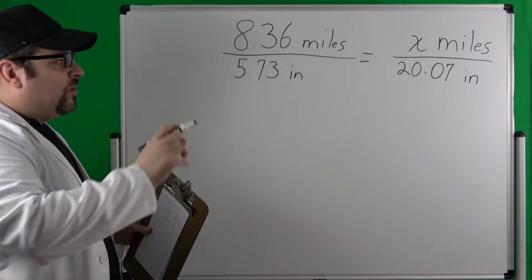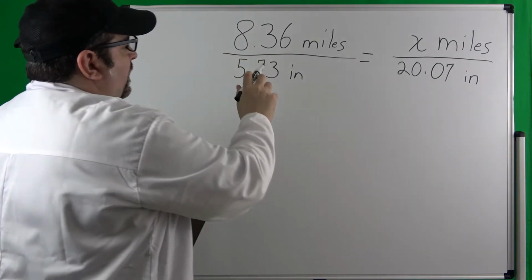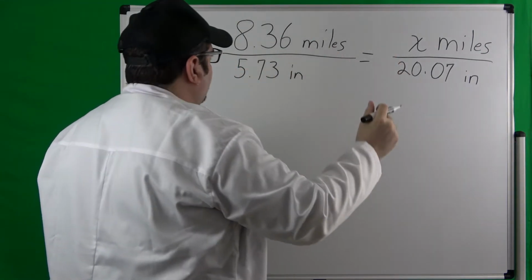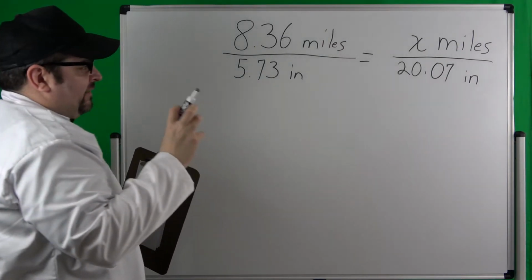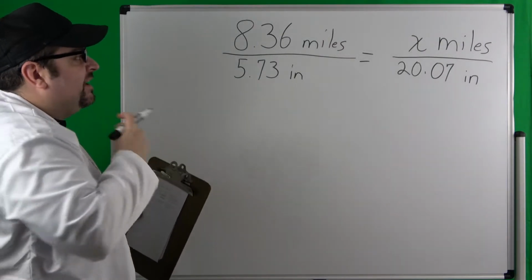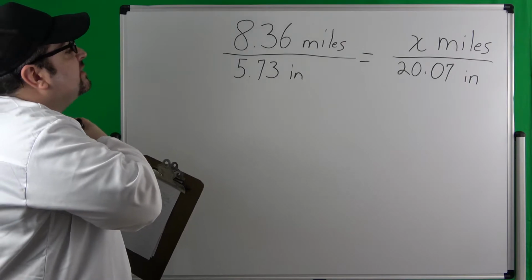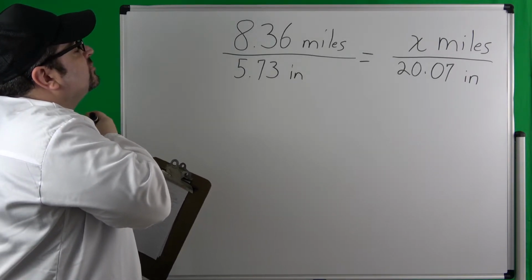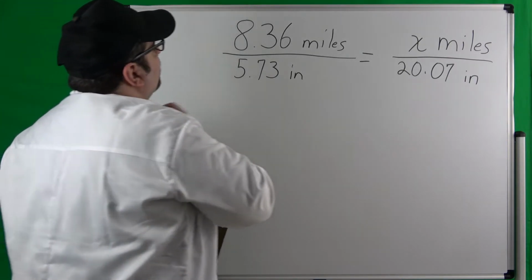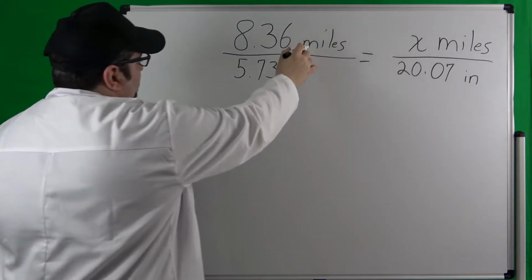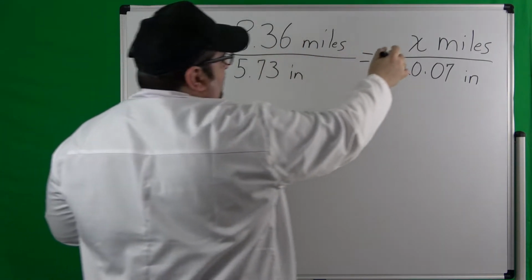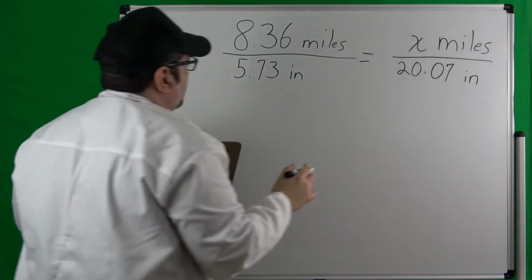So for this one, all we have to do is set up a ratio or a proportion. And the big thing to keep in mind is you have to keep the units consistent. So on the left, I have the miles over the inches. And so on the right, I also have the miles over the inches.